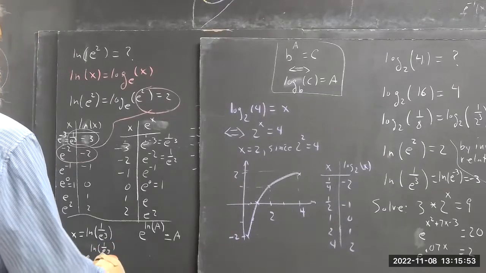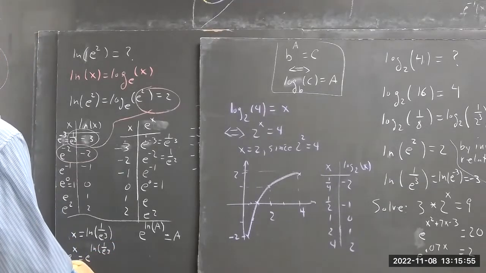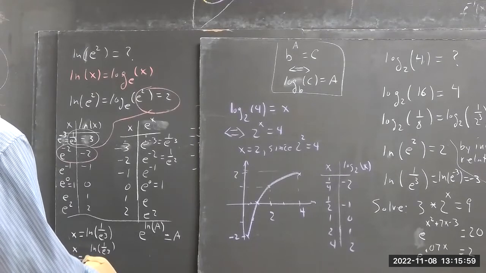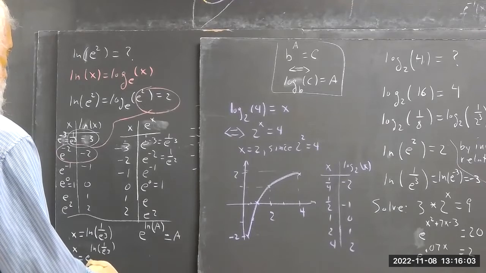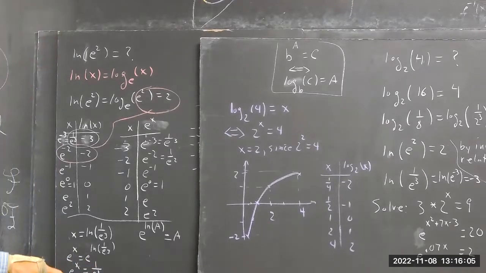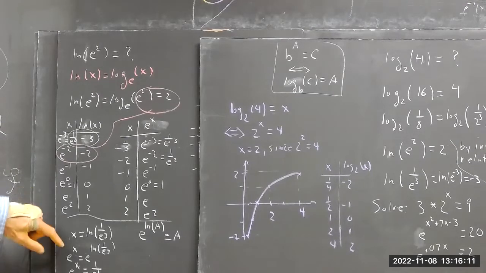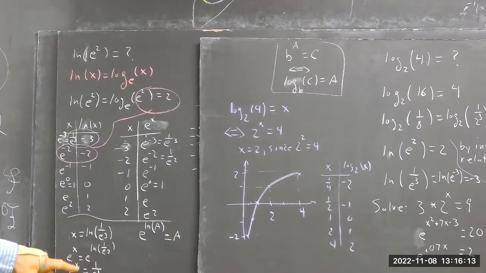So e to the x equals one over e cubed. That's the inverse function relationship. We do e to this side, we get e to the x. We do e to the natural log of one over e cubed.